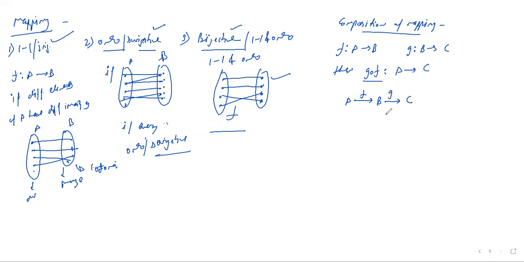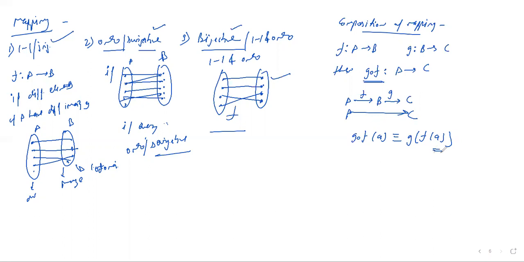Then GOF is going from A to C. It is the GOF mapping, which is similarly saying g of f(a).